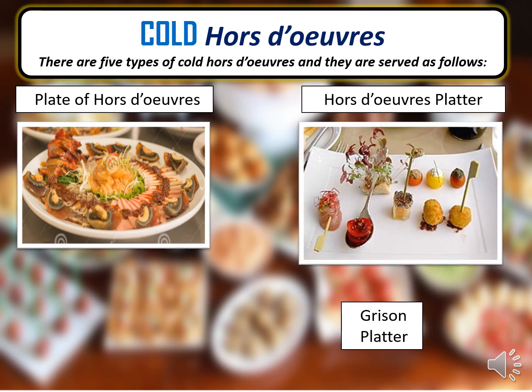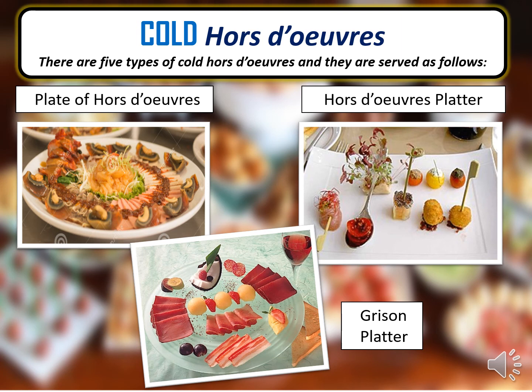Then the hors d'oeuvres platter is a well-presented platter with a limited choice of simple or more expensive foods. The basic rule for it is small quantity but big in quality, and at the same time attractively served. Then the grison platter may consist of 2 kinds of cold meat such as ham, smoked beef, peppered ham.